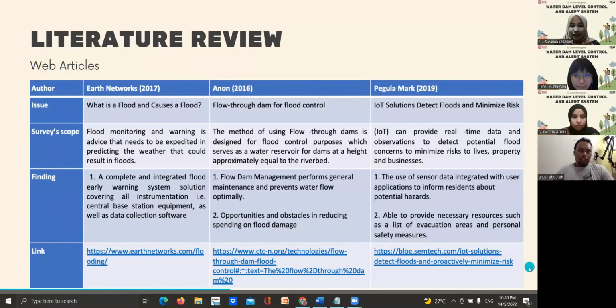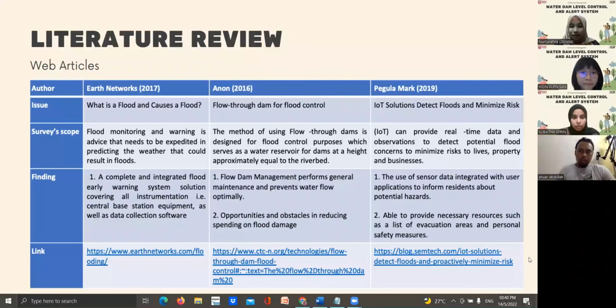Okay, for a little review of web articles, we found 3 web articles. What is a flood? A flood through dam for flood control, and IoT solutions detect floods and minimize risk. From the 3 web articles, we found 3 findings.